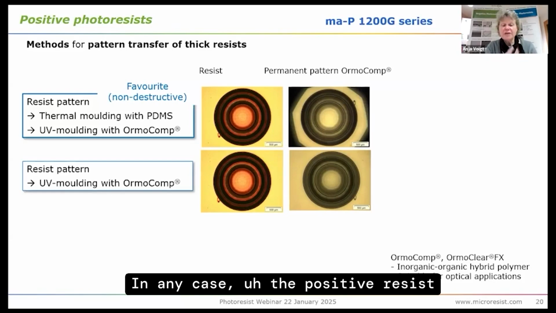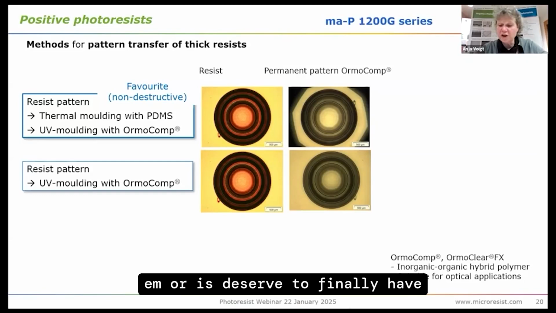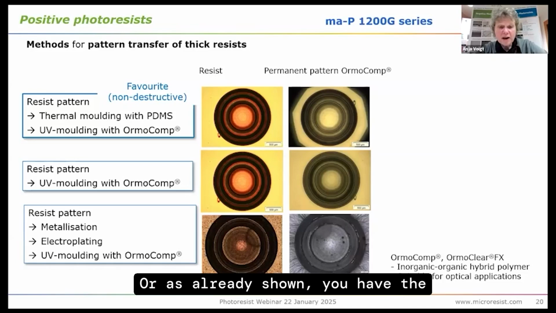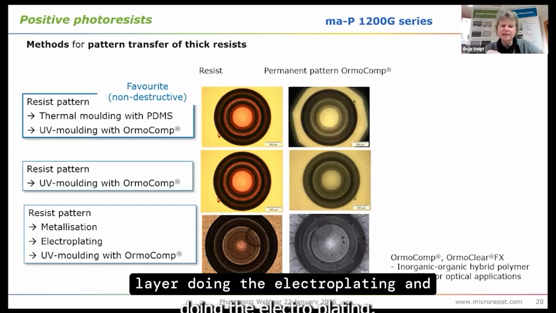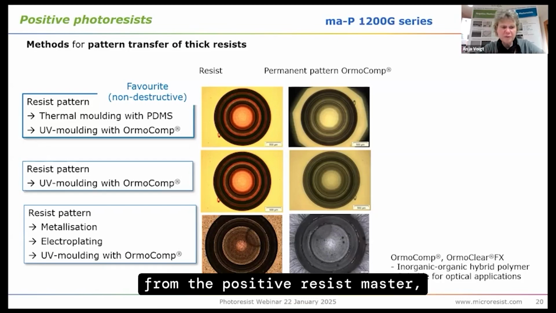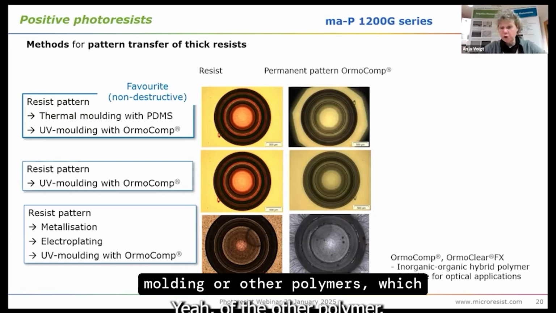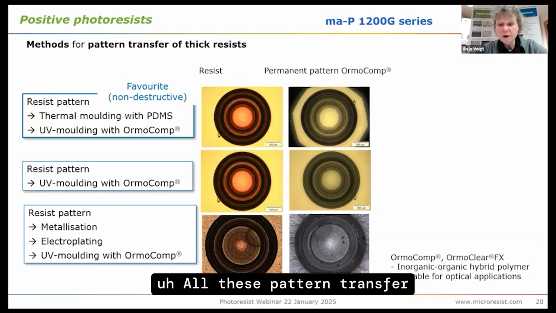In any case, for that, the positive resist pattern needs to be dissolved to finally have the Ormocer pattern separated. Or, as already shown, you have the resist master, apply a thin seed layer, do the electroplating, and then separate the metal replica from the positive resist master, which can then be used for UV molding or of other polymer which you want for your application.